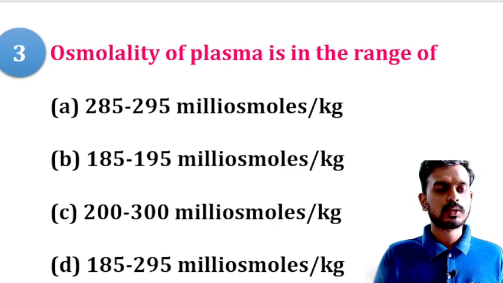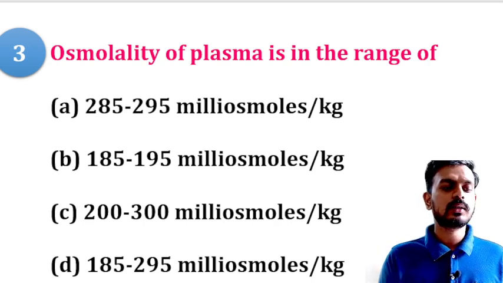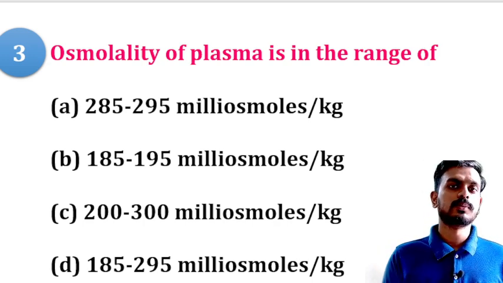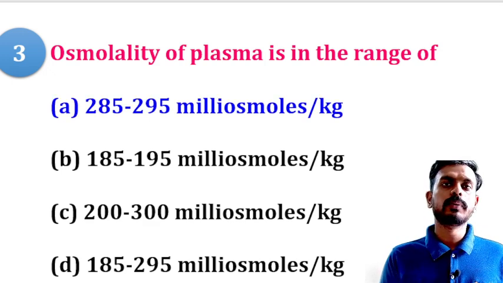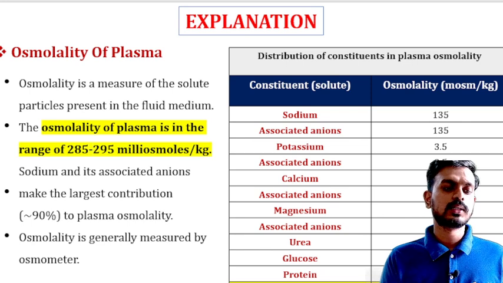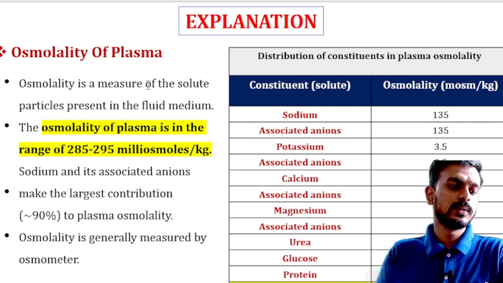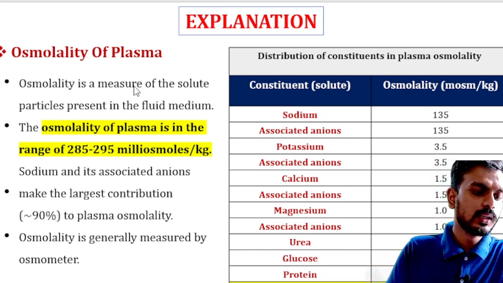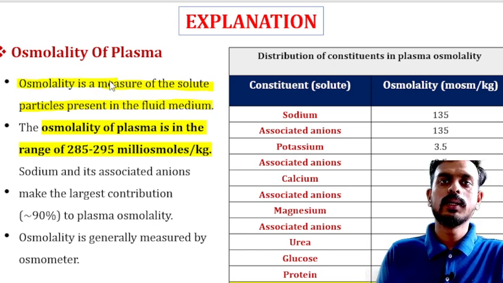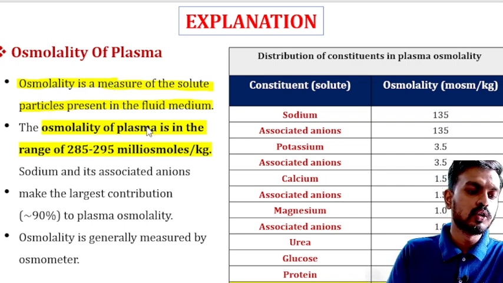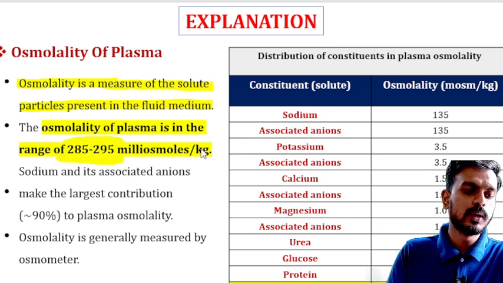Moving to the next question, osmolarity of plasma is in the range. What is the osmolarity of plasma? Plasma osmolarity ranges between 285 to 295 milliosmoles per kg. Osmolarity measures the solute particles present in the fluid medium.